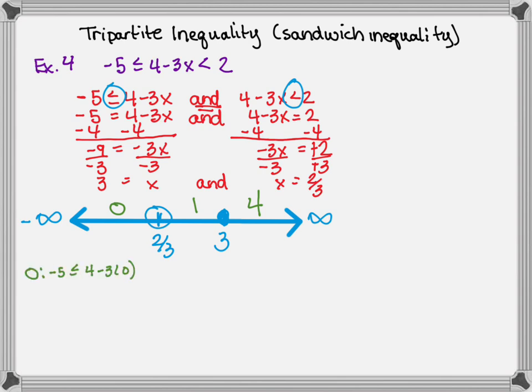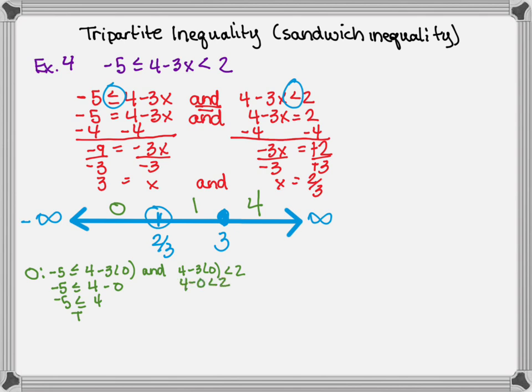Let's test the 0. So substituting in, I have -5 is less than or equal to 4 minus 3 times 0, and 4 minus 3 times 0 less than 2. So first one becomes -5 is less than or equal to 4 minus 0, or -5 is less than or equal to 4. That is true.